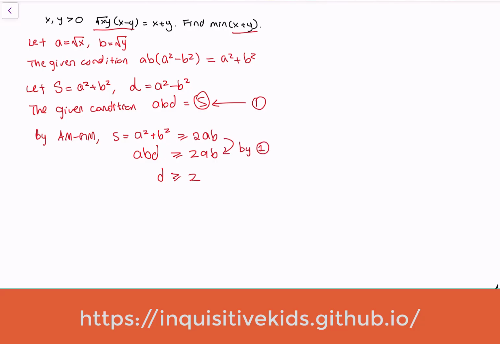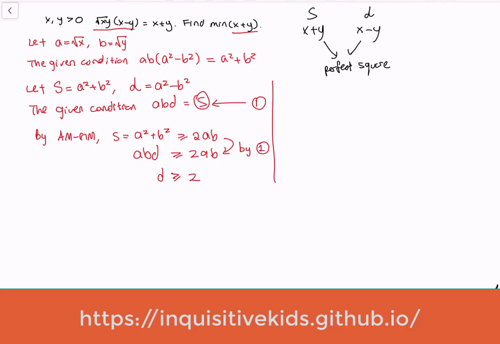And usually when you have an x plus y and an x minus y, in this case S is the sum and D is the difference of two terms, you can think of the perfect square. Because when you square both of these expressions, in the end you get something very similar.